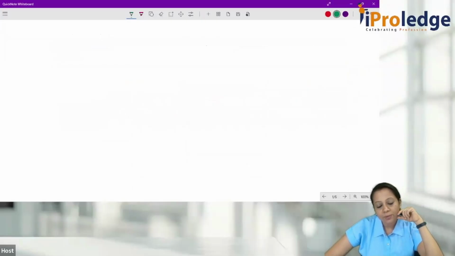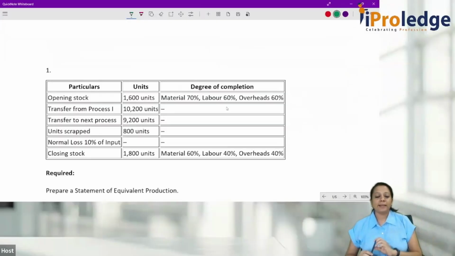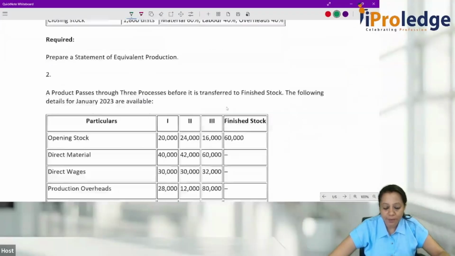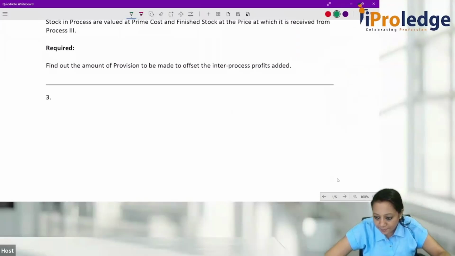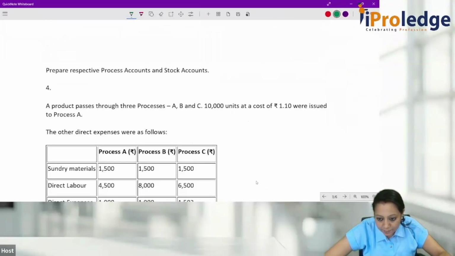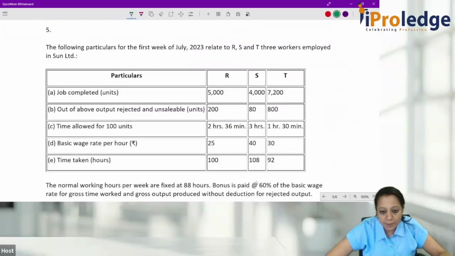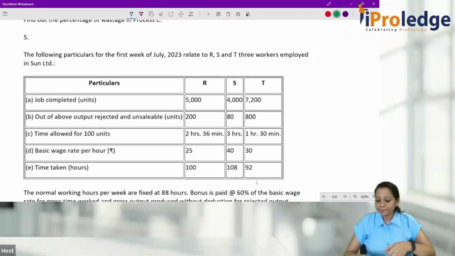Most of you would have seen the pattern, but I'm repeating: labor is definitely asked for 7 marks in the June exam, and material is asked in the December exam. So accordingly, give importance to it. This is also one past exam question.